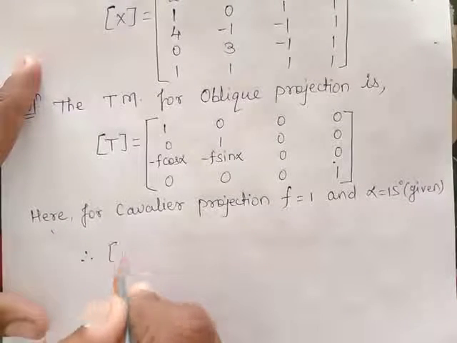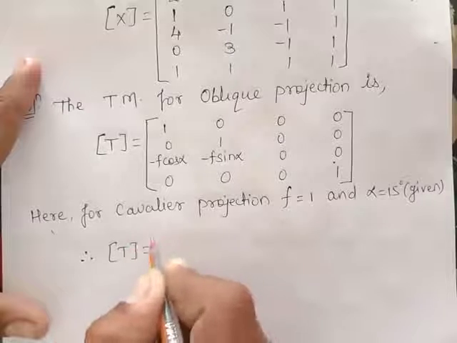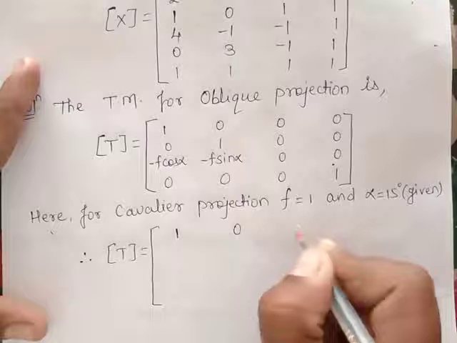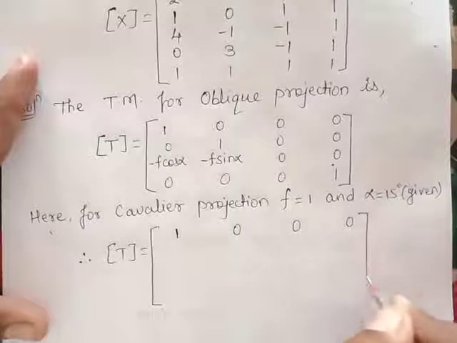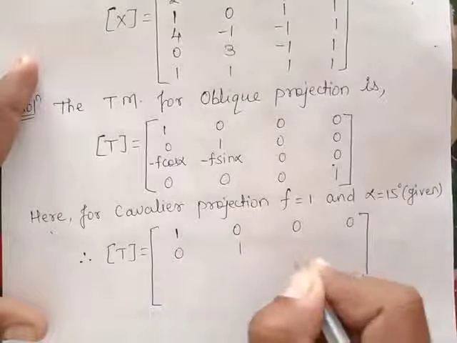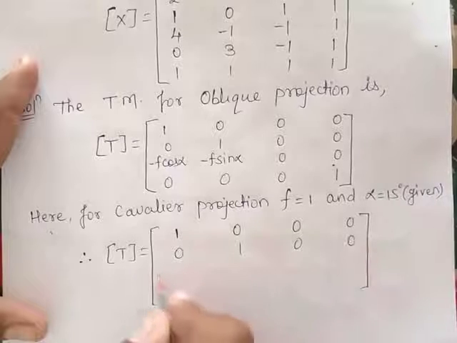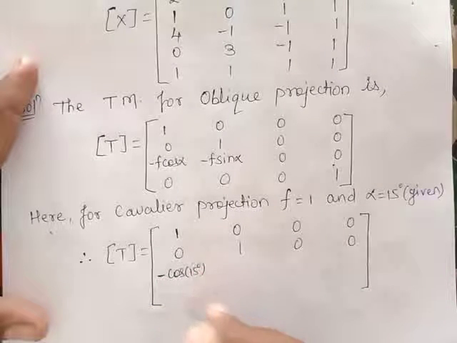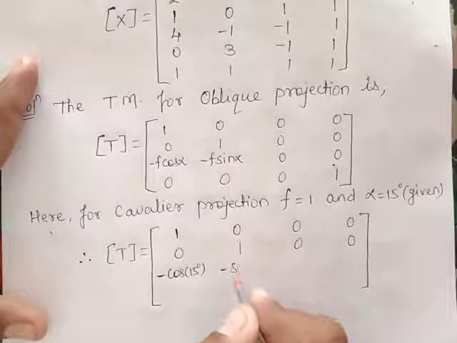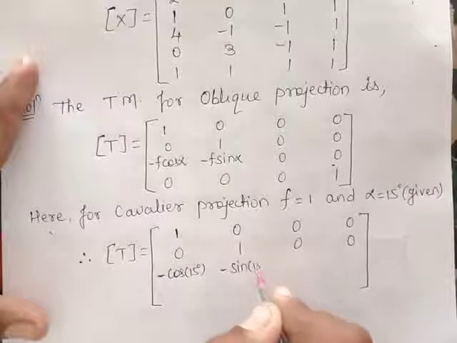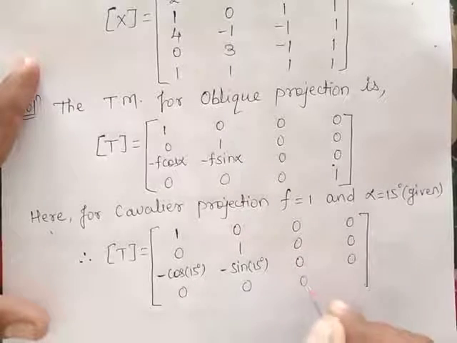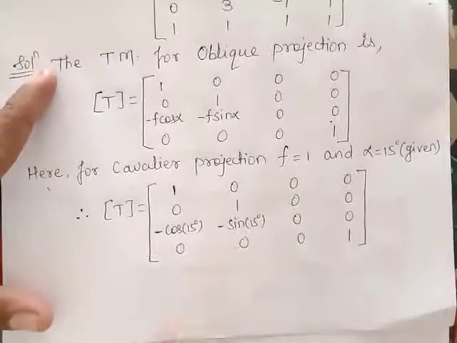Therefore T equals 1, 0, 0, 0; 0, 1, 0, 0; minus cos of 15 degrees. F is 1, so no problem for that. Minus sin of 15 degrees, 0, 0; 0, 0, 0, 1. So what are the values?